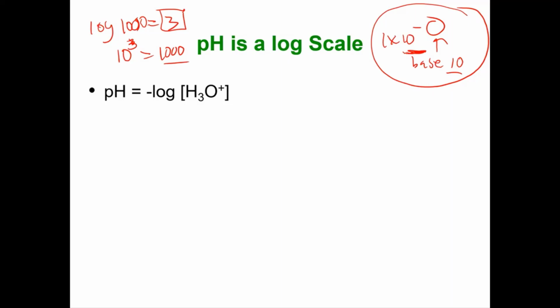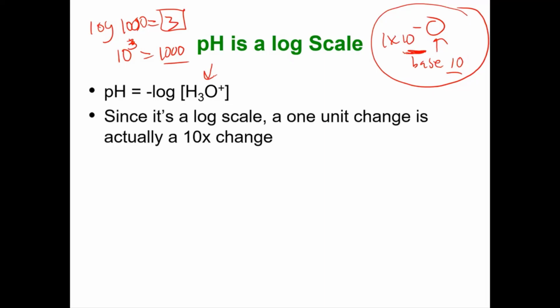So how do you do that? Well, if you have the hydronium concentration, you can plug it in directly. So pH is negative log of your hydronium concentration. But what you have to understand is it's a log scale. So 1 unit on the pH scale is actually a concentration difference of 10 times.